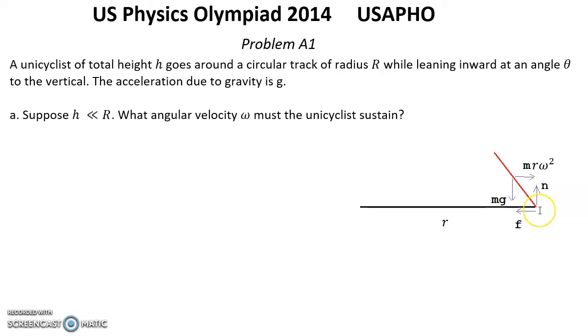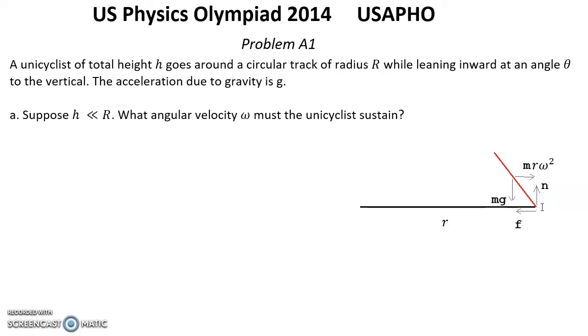We just need to solve a static problem. For a static problem we need to equalize all horizontal and all vertical forces and equalize total torque to 0 around any axis. Let's do this.